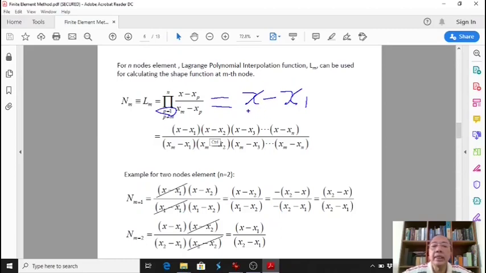So x minus x1, divided by xm minus x1. This m refers to the node. For example, this is node 1 and this is node 2, and either we consider node 1 or node 2.